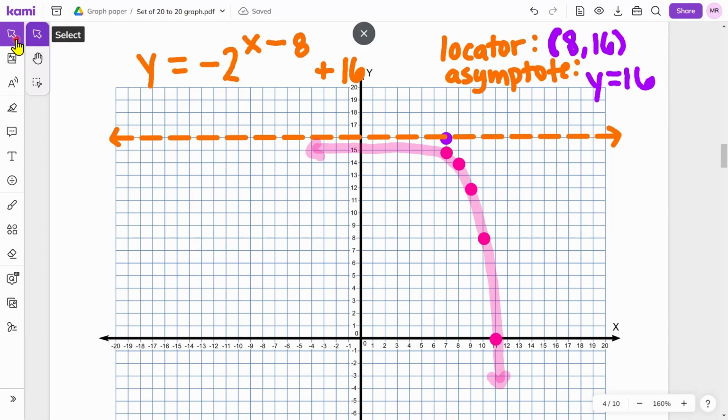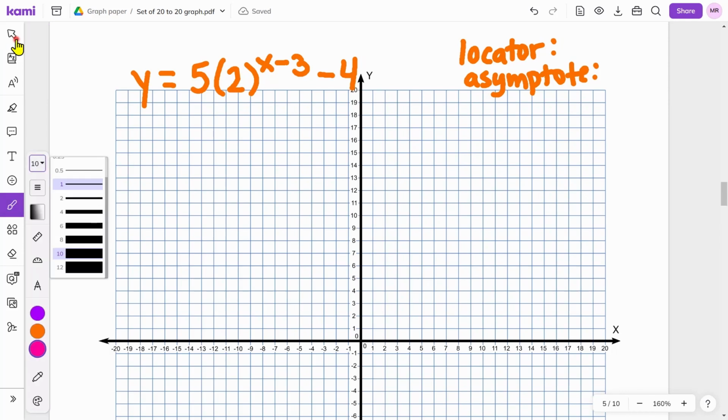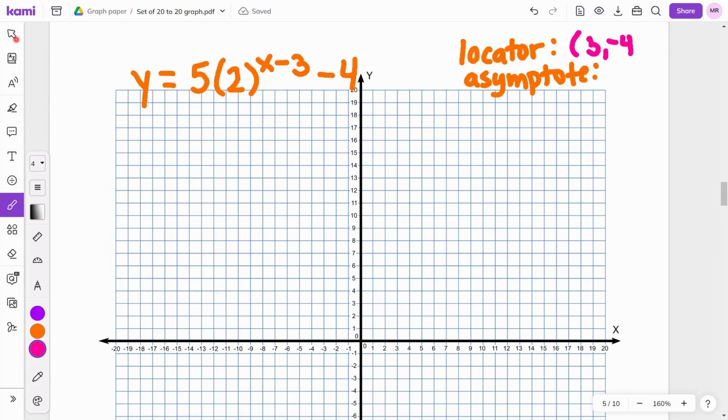Now, let's say we have an A. We'll do one where it is a growth, and then we'll do one where it's a decay. So let's start with this one here. So y is equal to 5 times 2 to the power x minus 3, minus 4. So our locator point is going to be at 3, comma, negative 4. My asymptote is going to be at y equals negative 4.